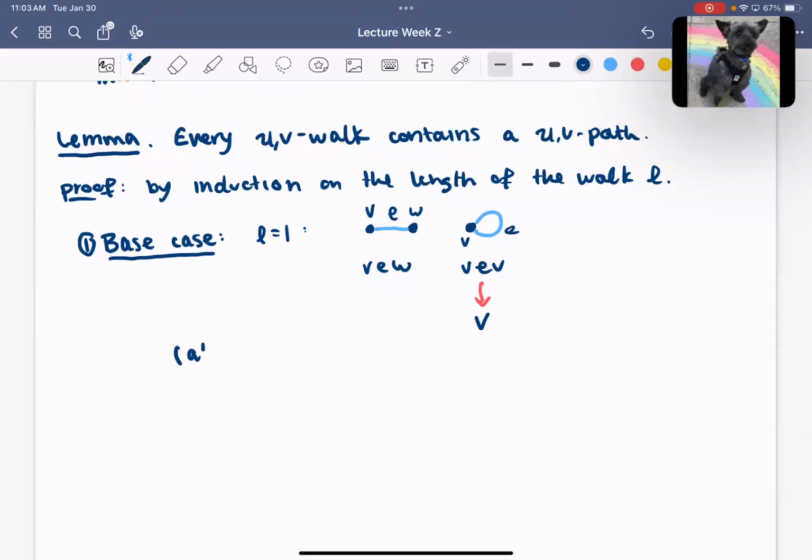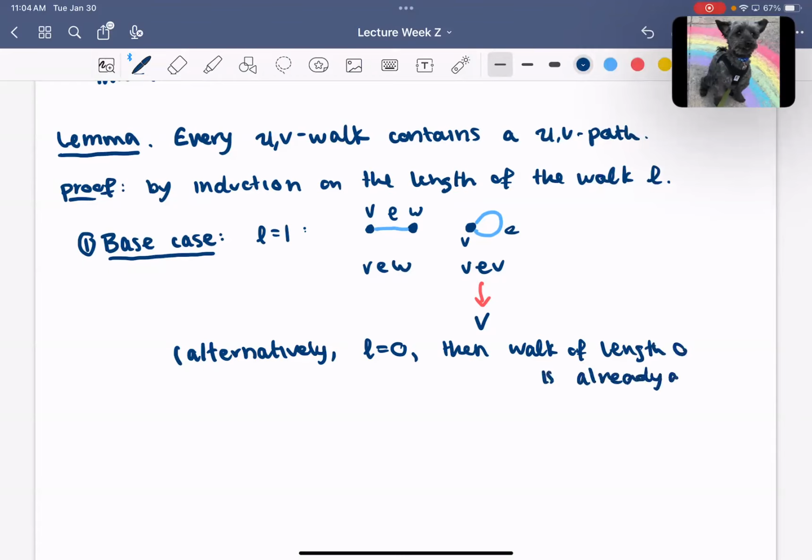Alternatively, we could take L equals 0, and then a walk of length 0 is already a path. Okay, so does the base case make sense? Are there questions?